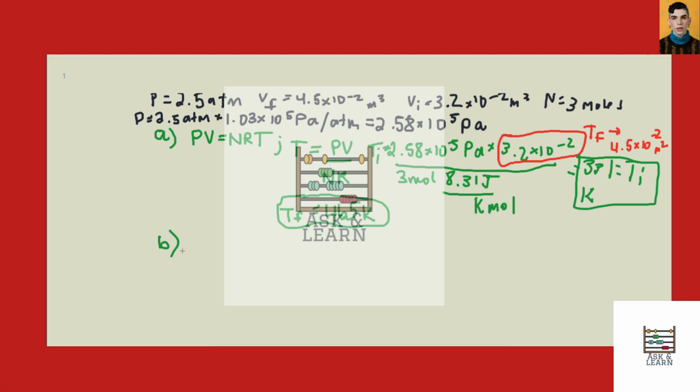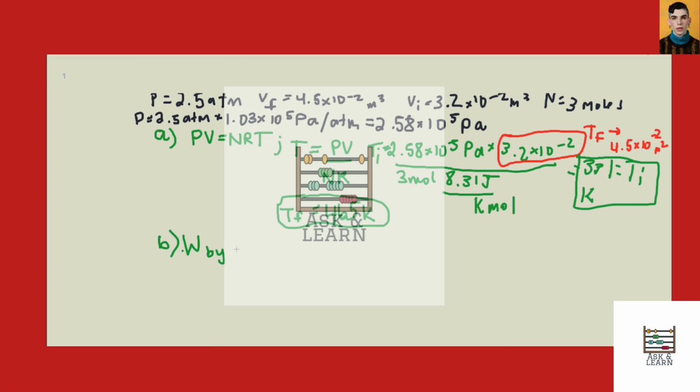So for B, what does the question ask? For B, it asks for the amount of work that the gas does in expanding. The amount of work done by the gas is always the area under the PV curve.